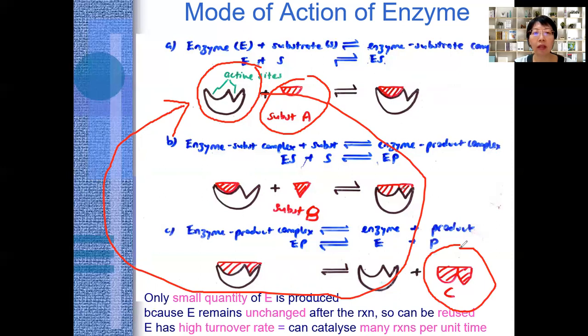Okay, so if the turnover rate is high, that means this turning is very fast. That means many substrates are converted to product at any one time. Okay, so it's called the turnover rate is very fast.